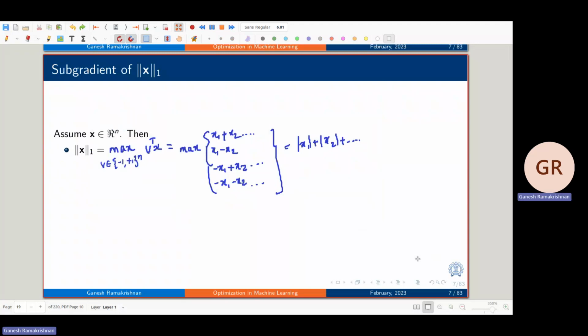Which values of s will give me the 1 norm? s could be -1 for the first component, it should be the same sign. The third component is 1. What about the intermediate one?